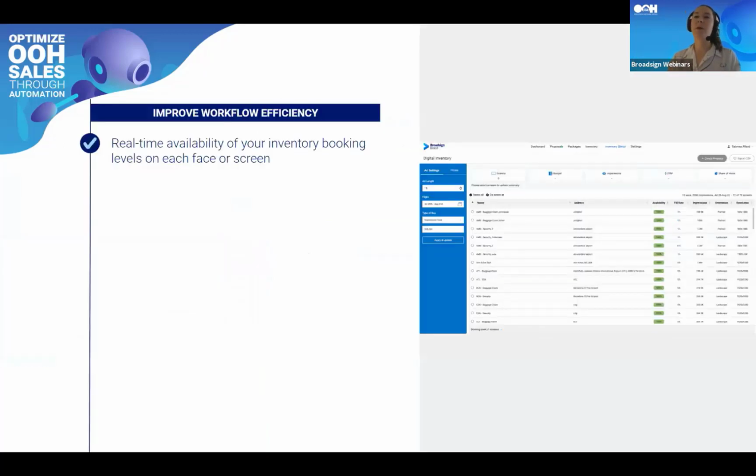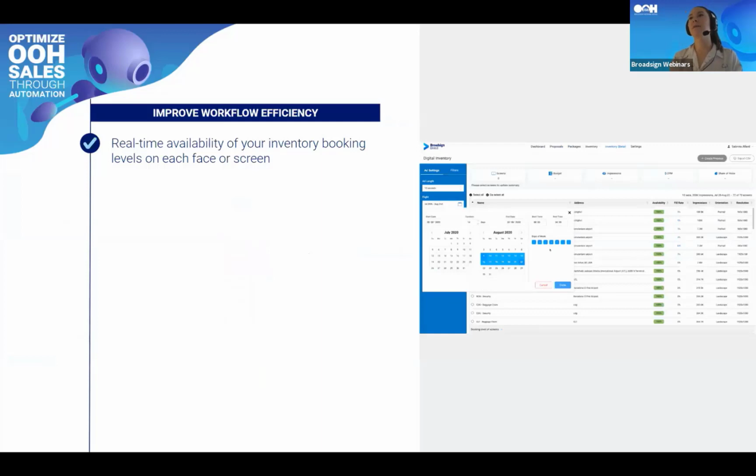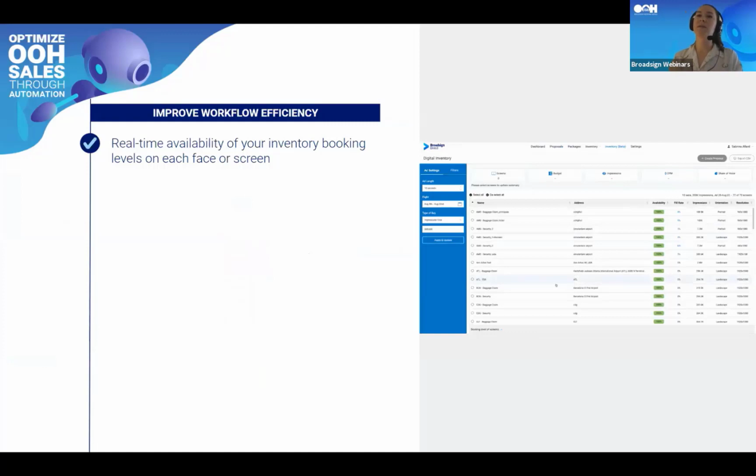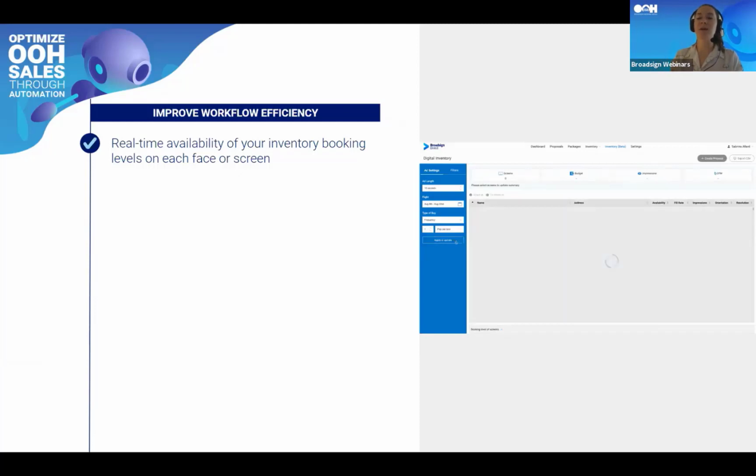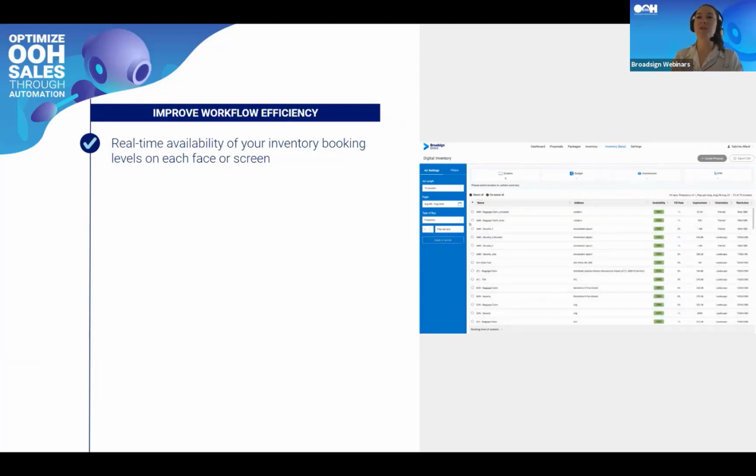The second question that we ask here is, how can you improve your workflow efficiency? Well, Direct does provide real-time availability of your inventory. You have visibility on the proposals that you booked on each screen or face. And we also have a booking level of screens that allows you to see your network occupancy.